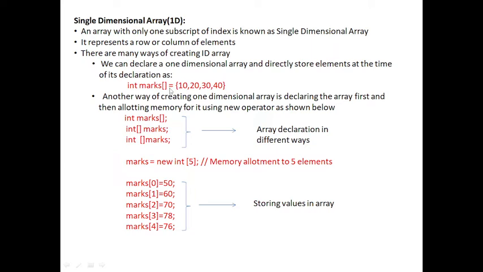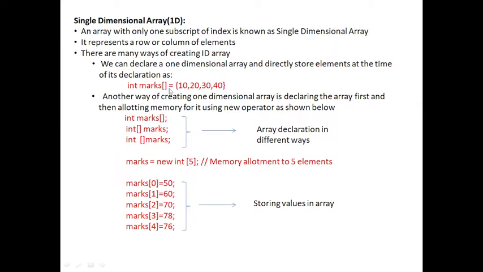So how are we going to identify whether this is single dimensional or two dimensional? Based on the number of subscript indexes we can identify. If you see here there is only one subscript or index, it means it is a single dimensional array, right? So what does single dimensional array mean?